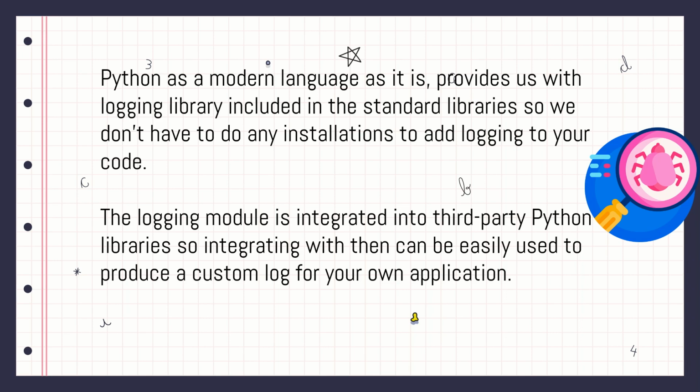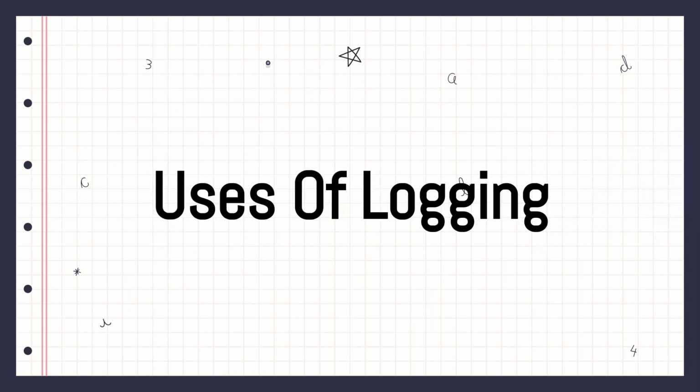For example, there are some libraries that are built specially to help you with logging, but they also use the logging module in Python. So you can write your own logging functionality and integrate it with third-party logging functionalities, because they sometimes all use the logging module in the background. That makes it easier to integrate with third-party applications. That's one of the real powerful advantages of logging.